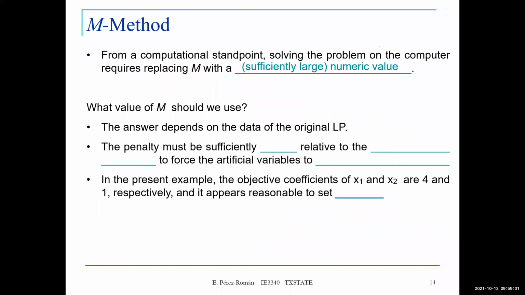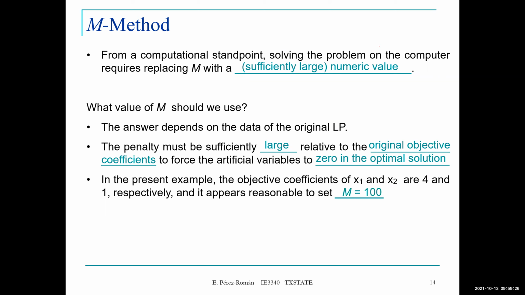So, a sufficiently large numeric value. What value of M should we use? The answer depends on the data of the original linear programming. The penalty must be sufficiently large relative to the original objective coefficients to force the artificial variables to 0 in the optimal solution. In the present example, the objective coefficients of x1 and x2 are 4 and 1.